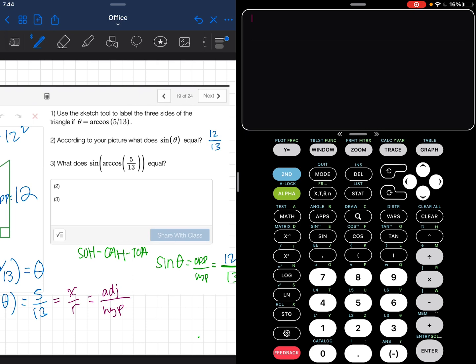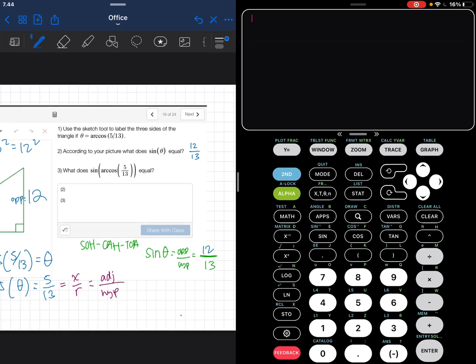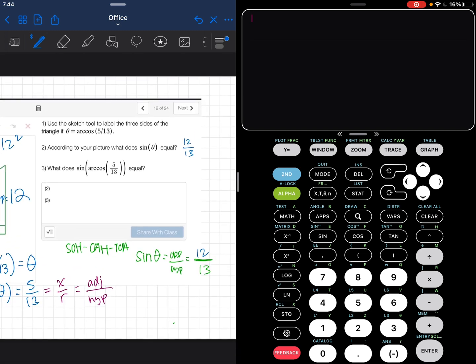So that's good. Do you guys remember that arc cosine is also cosine inverse, right? But we need to input all of these things inside. So on the very outside, it says sine. And then I would do this for cosine inverse. You punch the blue button and then cosine.